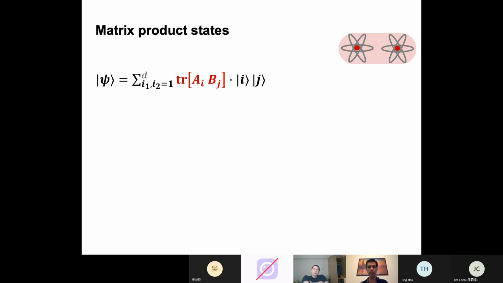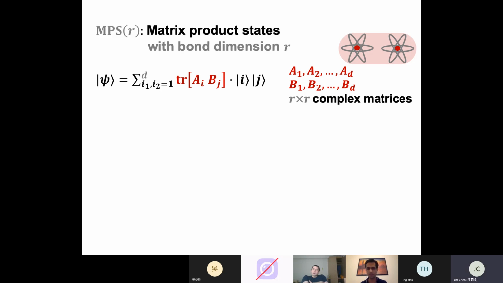Now we're going to assume that these a_ij coefficients can be expressed as the trace of the product of complex matrices A_i and B_j. So we have d of the A matrices and d of the B matrices, and we impose an important constraint on these matrices by making them be R by R matrices.